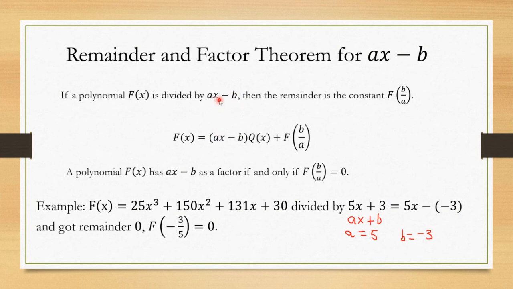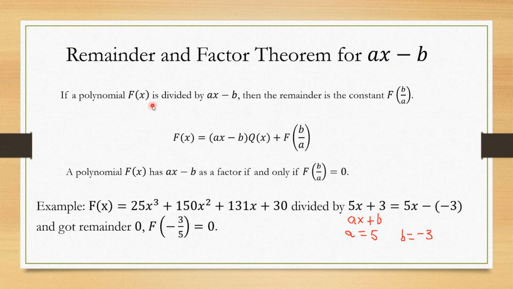A can't be 0. And what this theorem is telling us is, you take a polynomial f of x. If you divide it by a times x minus b, the remainder then will be this constant. That's what this remainder theorem is saying.